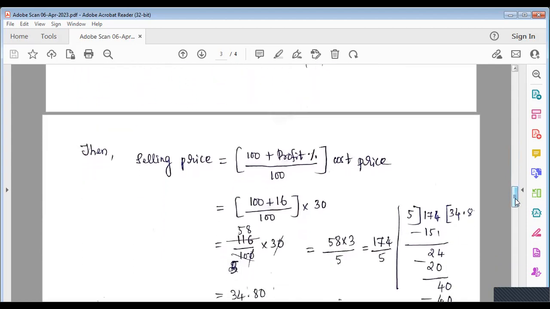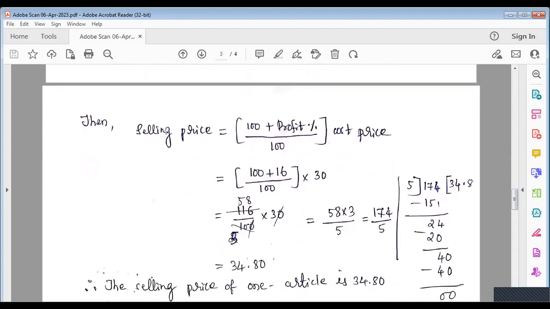Then we'll calculate the selling price. The selling price is equal to (100 plus profit percent) divided by 100 into cost price. This is equal to 100 plus 16, because you sell every article at a profit of 16%. So you substitute 16 here, divided by 100, into the cost price, that is 30.